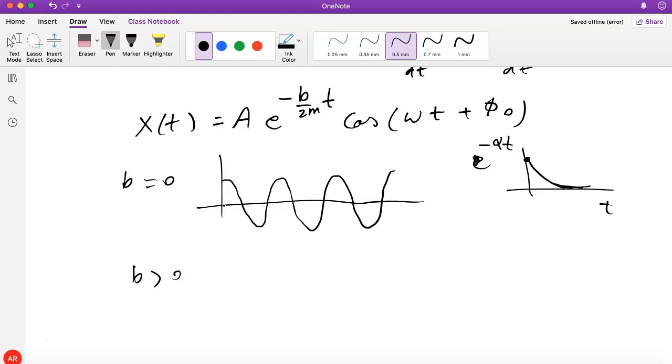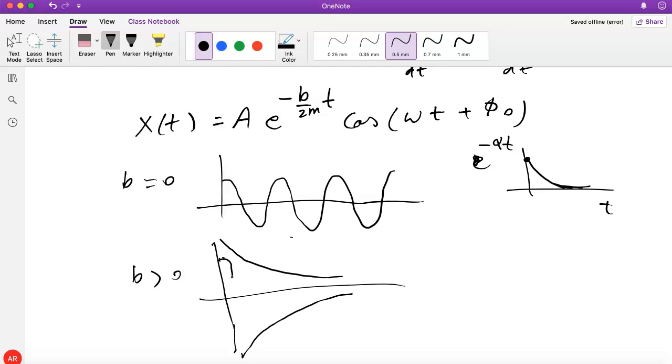And then once you multiply something like this by something like that, you're going to get an envelope from the exponential decay. So that's not our curve, it's just an envelope. And then the cosine term will go between these, right?